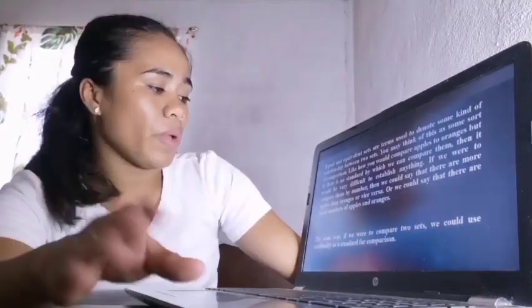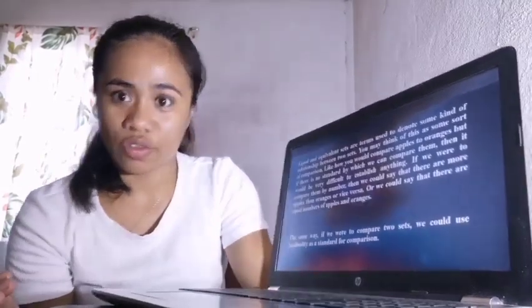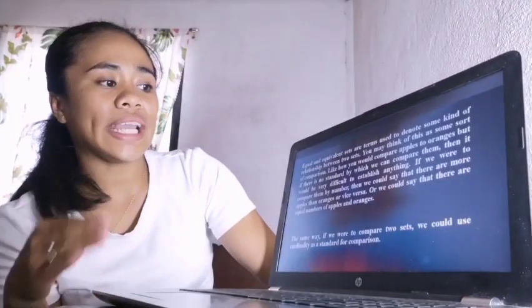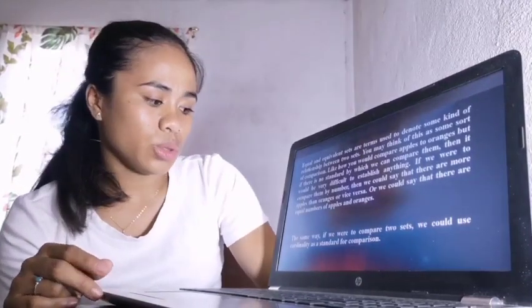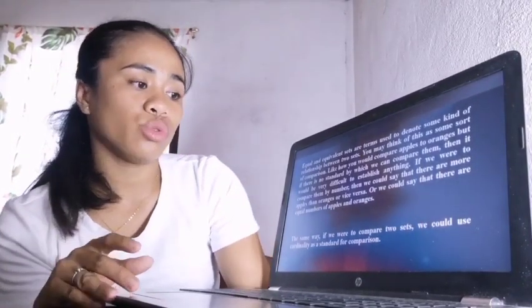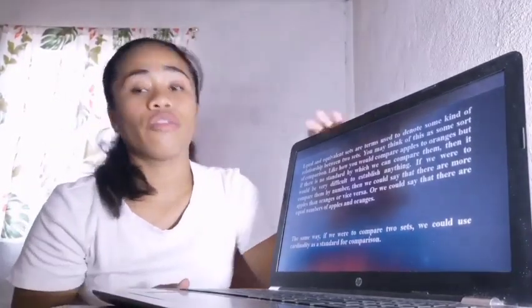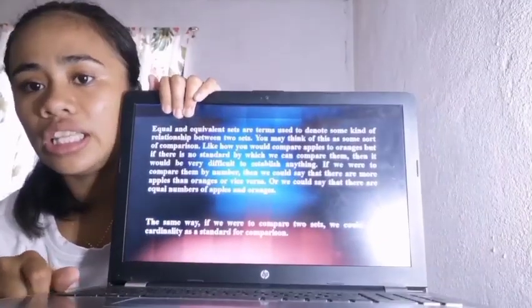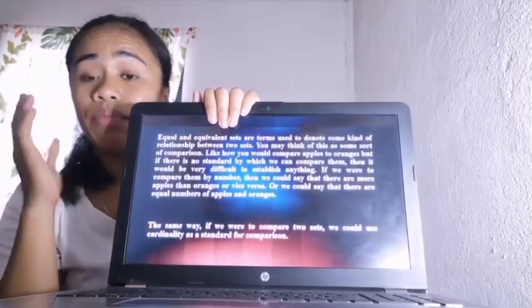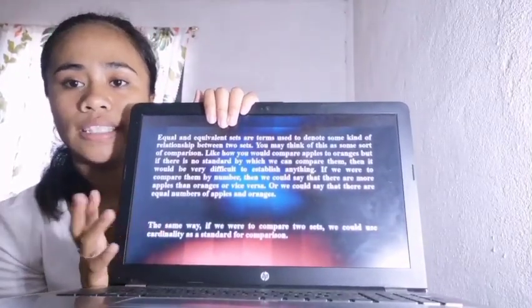If we were to compare them by number, then we could say that there are more apples than oranges, or vice versa, or that there are equal numbers of apples and oranges. In the same way, if we were to compare two sets, we could use cardinality as a standard for their comparison. So, always remember the cardinality so that you will not be confused about the differences between equal sets and equivalent sets.